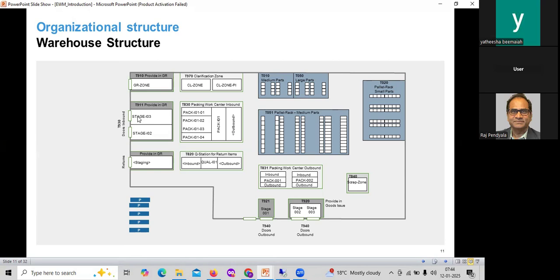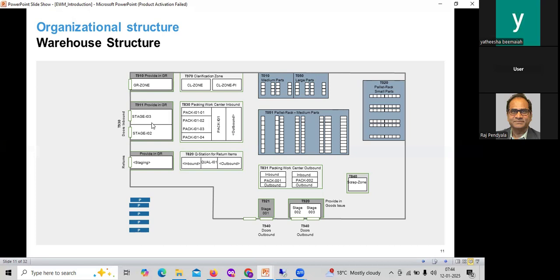In terms of the process, the goods will be unloaded at the door and kept in the GR zone. This is the staging area for the inbound.